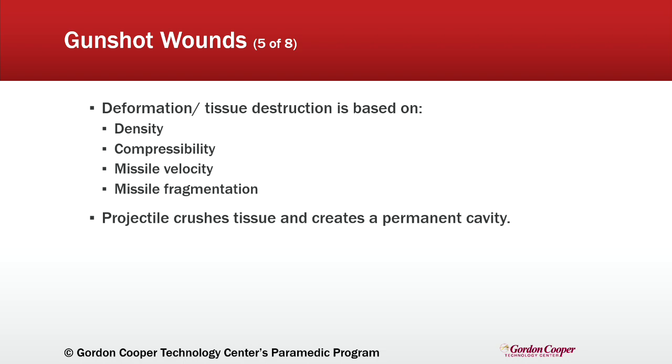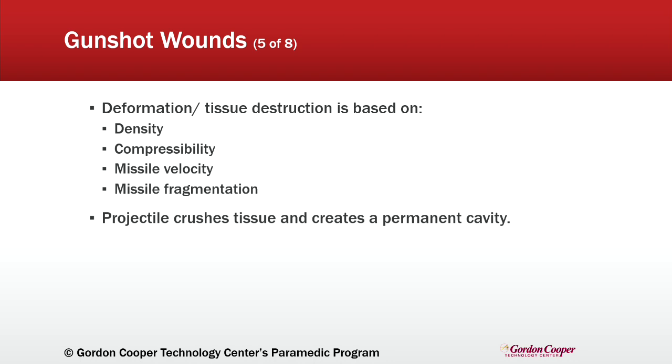The pathway expansion, a temporary cavity, actually occurs when the pressure wave displaces tissue at or near the speeds of sound, and it creates a transient cavity. So while it may seem like a small wound path, it was actually much larger in a higher velocity weapon because it actually creates a larger cavity.